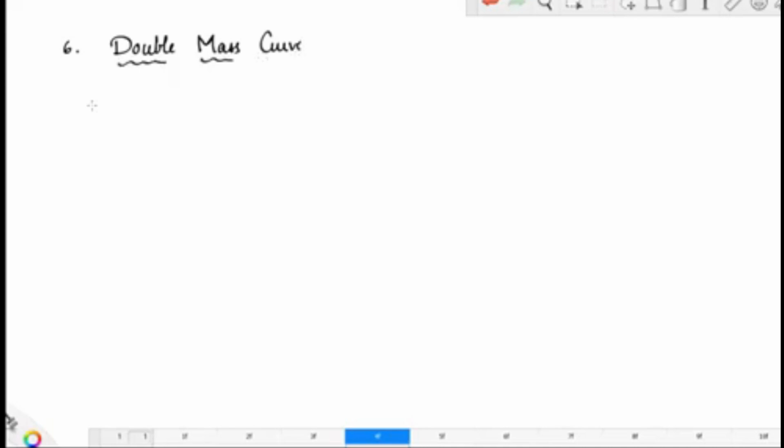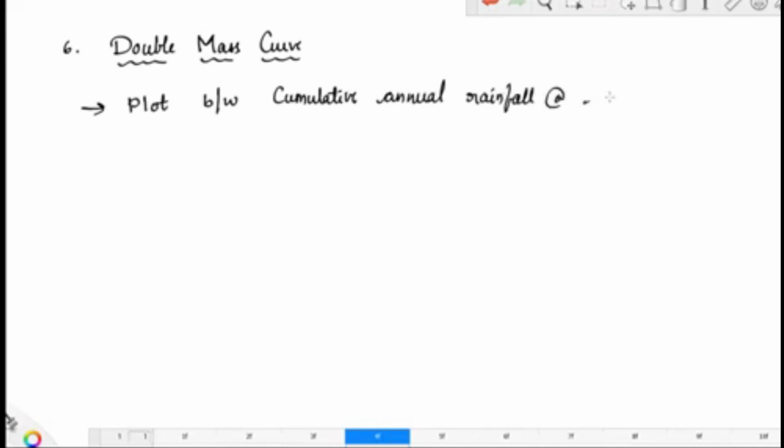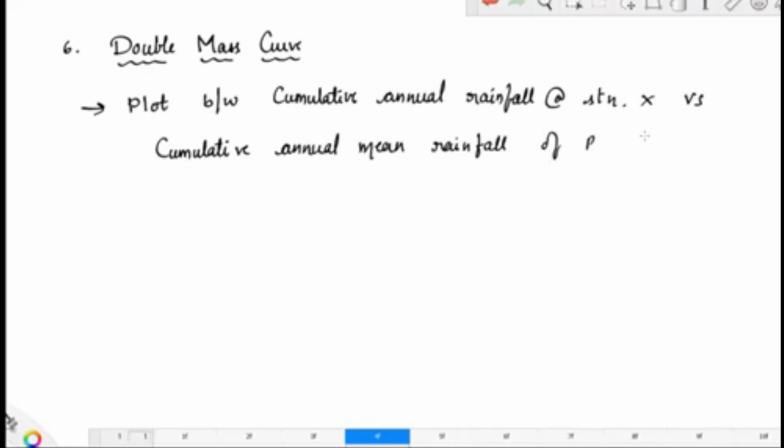It is a plot between cumulative annual rainfall at station X versus cumulative annual mean rainfall of base stations or group stations.